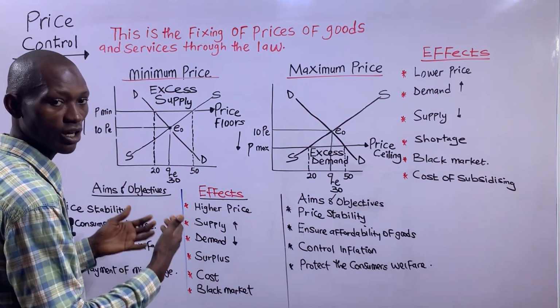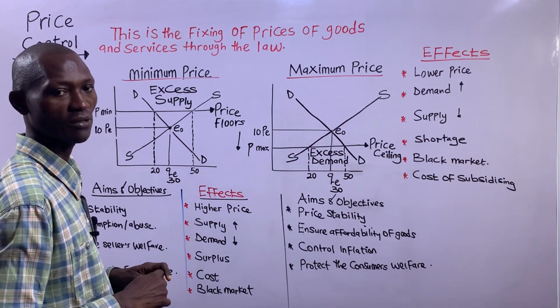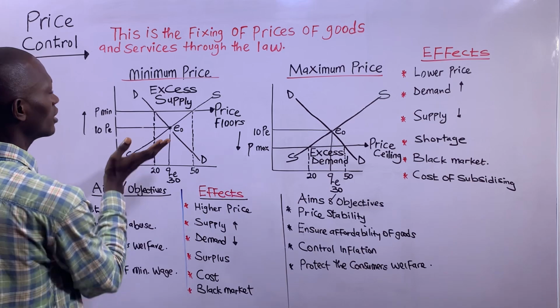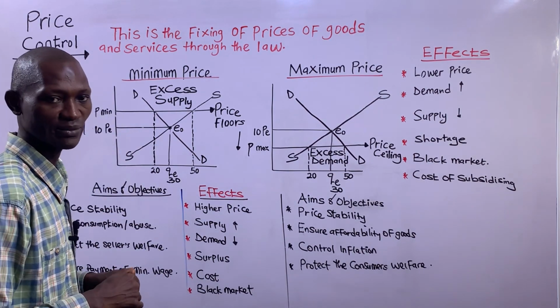So producers are real fans of minimum price legislation because they are going to be smiling to the bank, because the prices are very high.